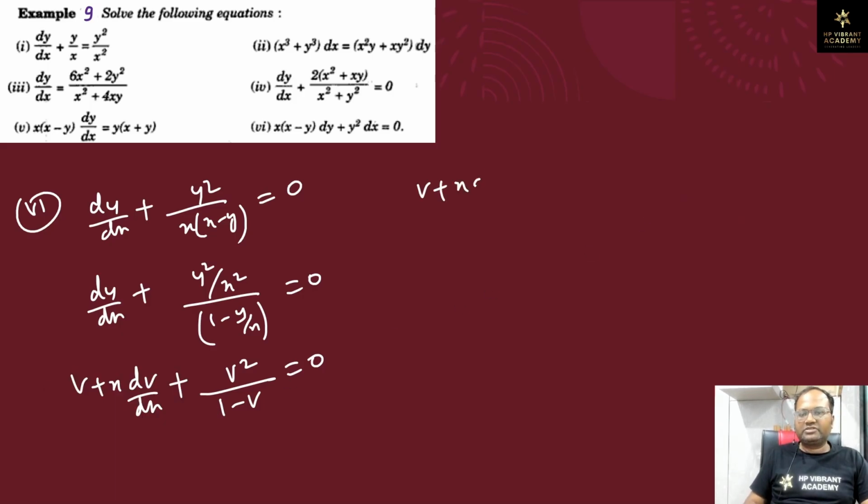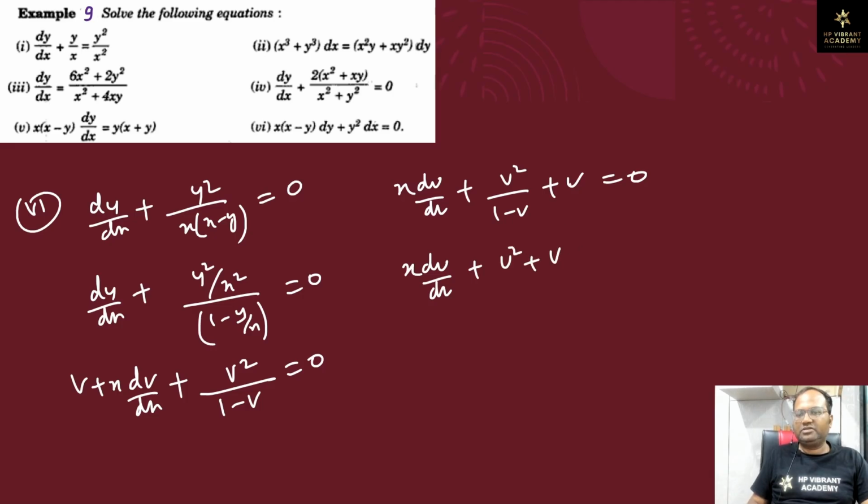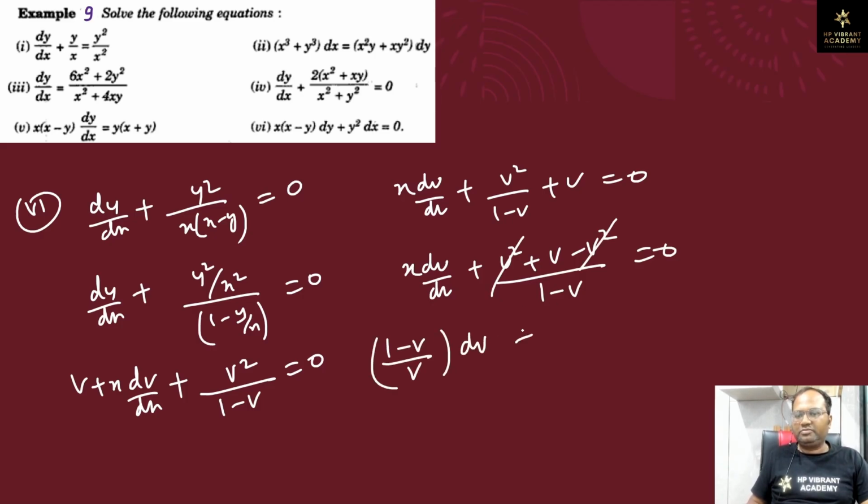So from here we have v plus x dv upon dx plus, let us add v in this. So this is x dv upon dx plus v square upon 1 minus v plus v is equal to 0. So from here x dv upon dx plus v square plus v minus v square upon 1 minus v is equal to 0. So this gets cancelled. So from here we have 1 minus v upon v dv plus dx upon x is equal to 0.